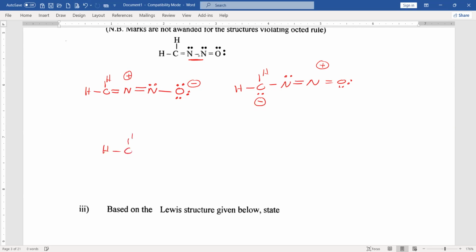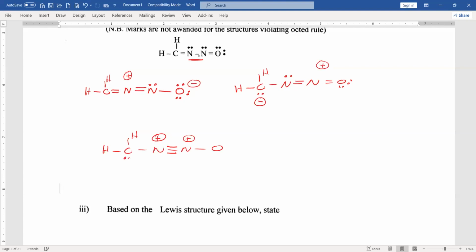Hydrogen, carbon, carbon, nitrogen, nitrogen, and oxygen. At least there must be a single bond. So first I put a triple bond here. Because of that triple bond, this becomes positive, this becomes positive. And we cannot draw bonds around this carbon.